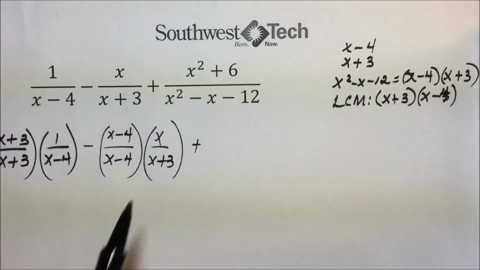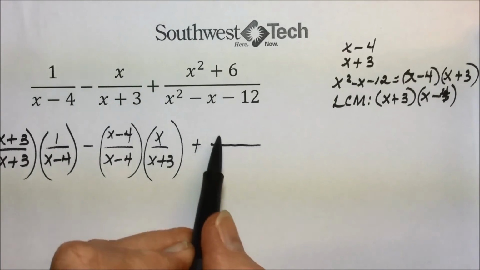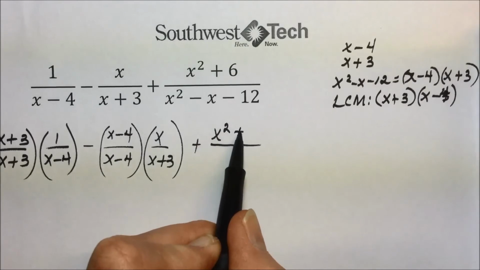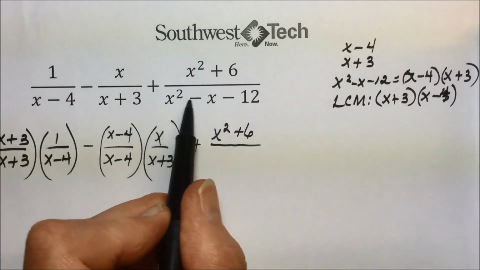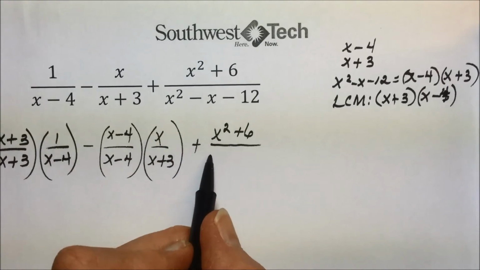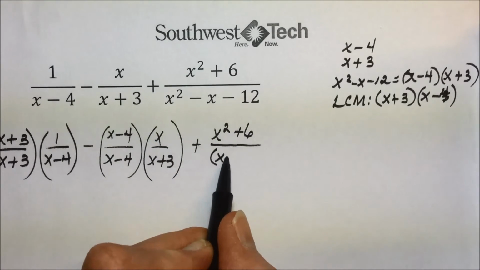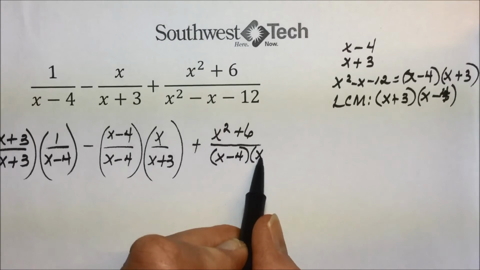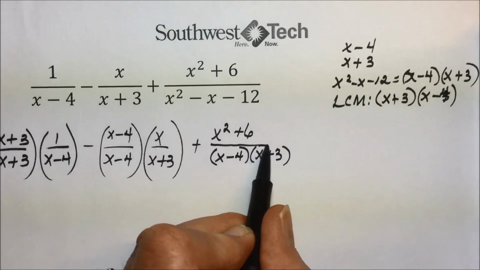And the third fraction here, nothing needs to be done other than maybe replace, so we can see the factors of that denominator are in fact x minus 4 times x plus 3.